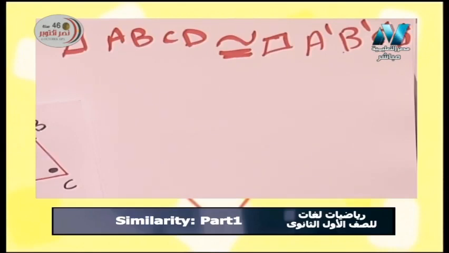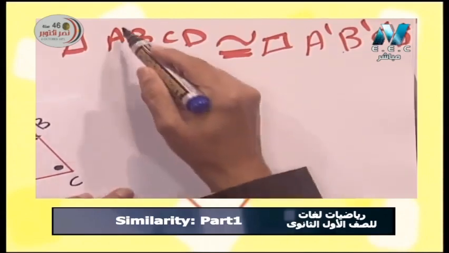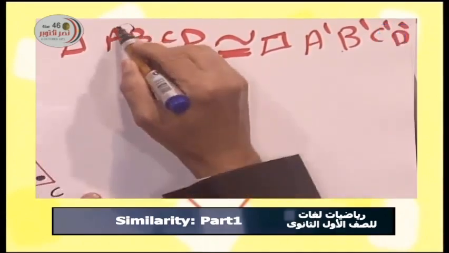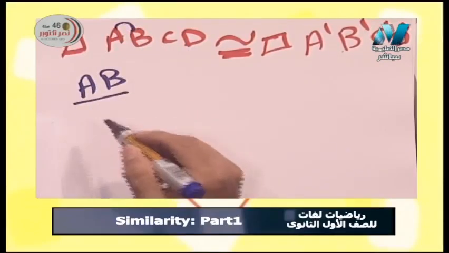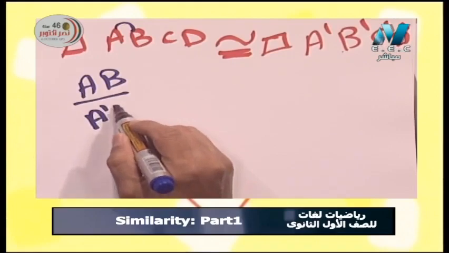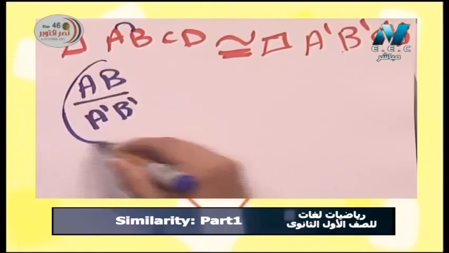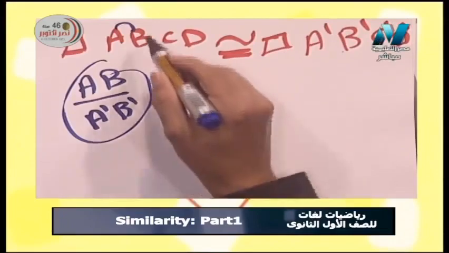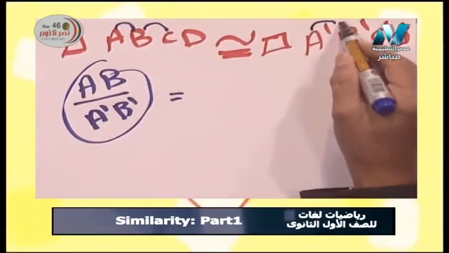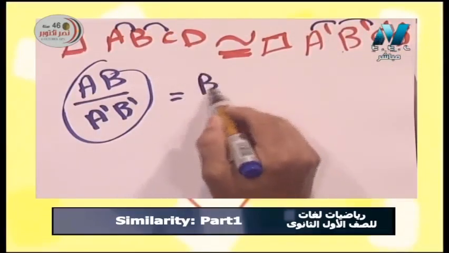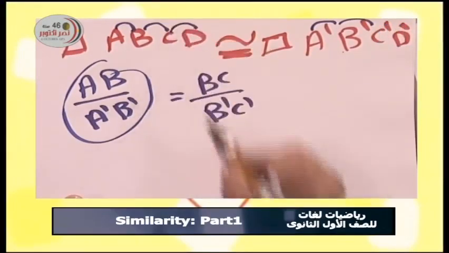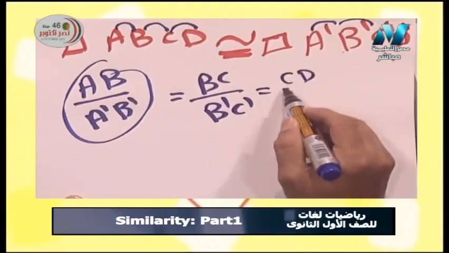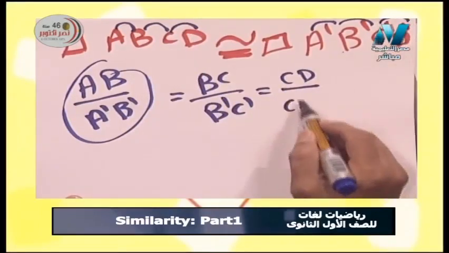The first two signs, AB, we will say that AB over A dash, B dash, this is one ratio, equals BC over B dash, C dash, and CD over C dash, D dash.